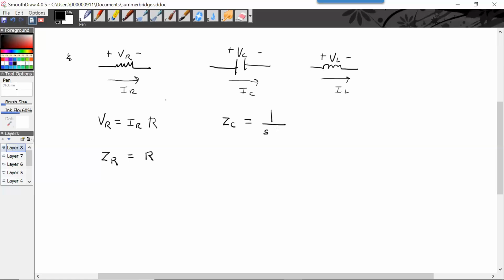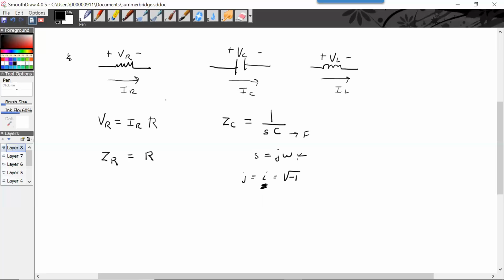And we have a couple of things here. C is just the value of the capacitor in farads, but s equals jω. Quick review, j equals i equals square root of -1. In electrical engineering, we don't use i because many times that's current.